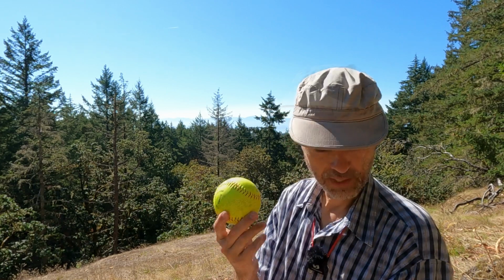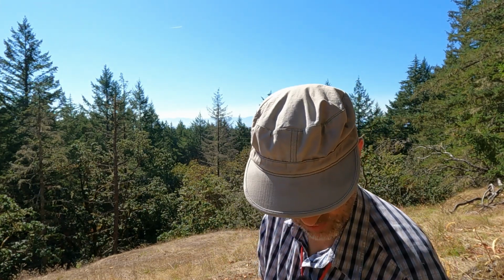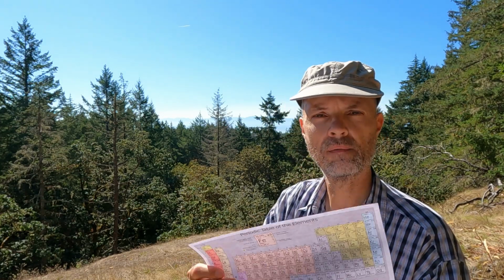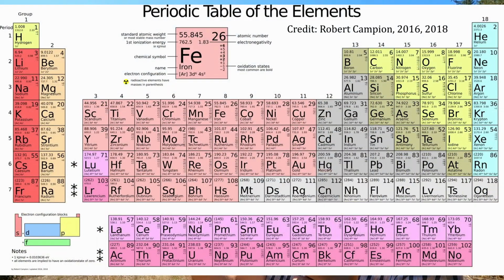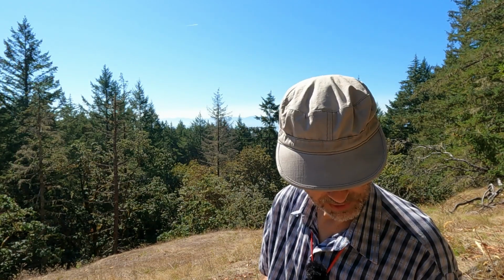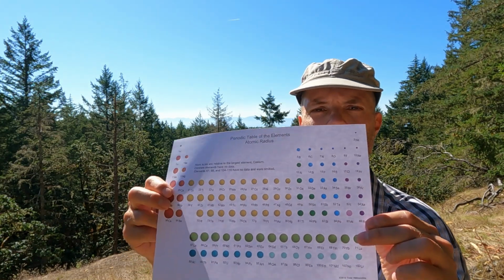And it was later in the 1800s that the modern atomic theory came into being. The atom was then put in a chart, as you've all seen in school, the periodic table of elements. If we look at the same table, but in terms of the size of the atom, we come up with something like this.